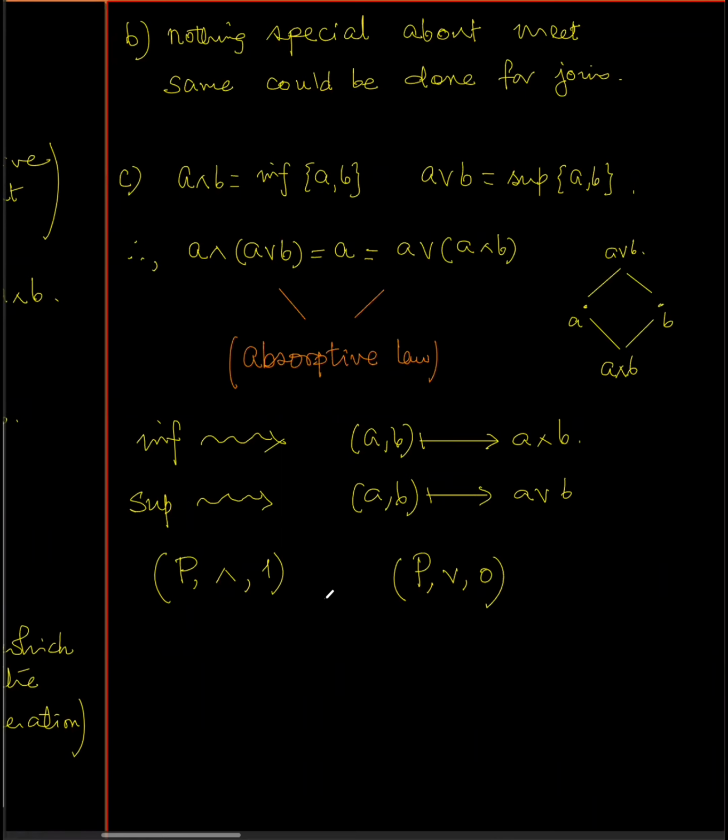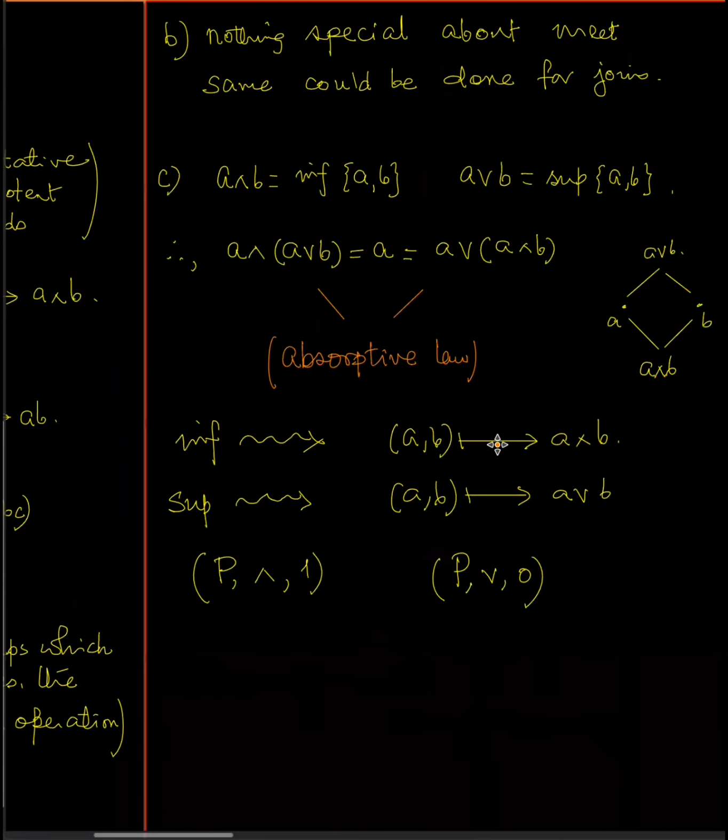So a set with two binary operations, both having identities, both associative and commutative, and satisfying these absorptive laws, is the actual intent of this definition of a lattice. Okay.